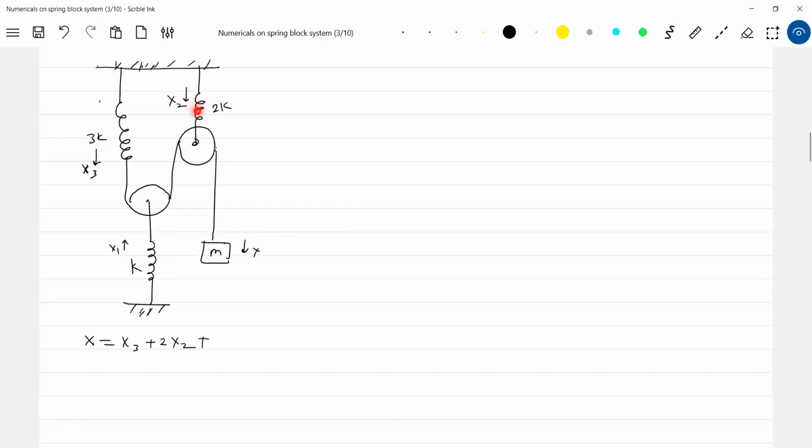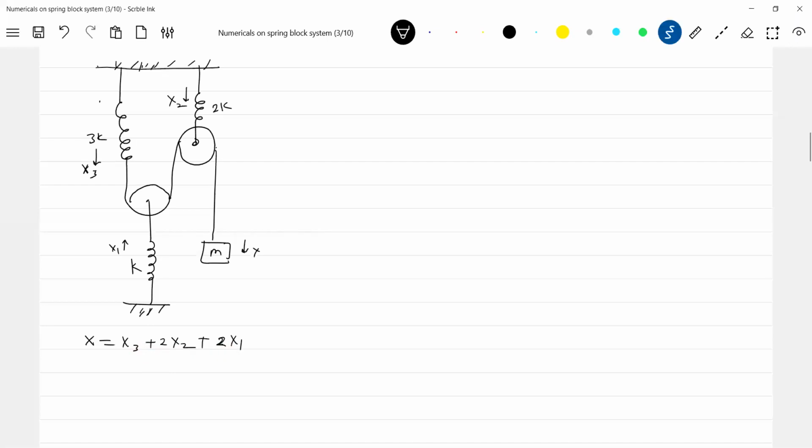Assume that these two springs are not there, this will be like a wire. So when this pulley moves up by 1 meter, then here 1 meter, 1 meter will become loose. This will move by 2 meters. So therefore 2x1. Getting the idea? This is the basic idea of the superposition principle here.